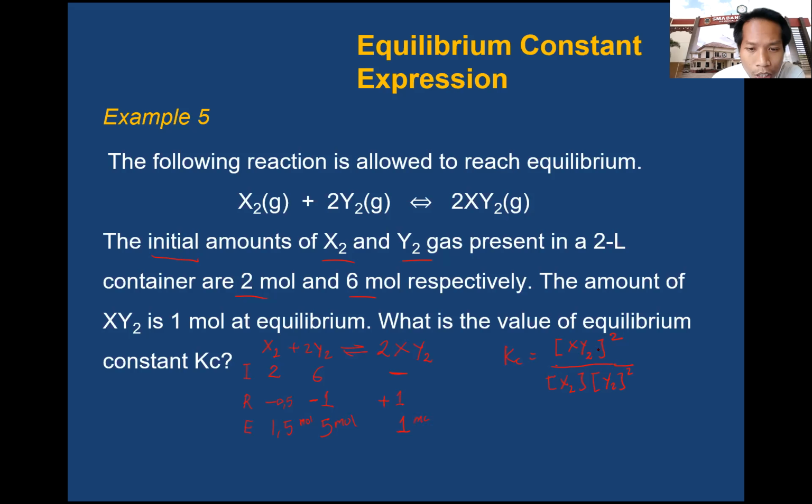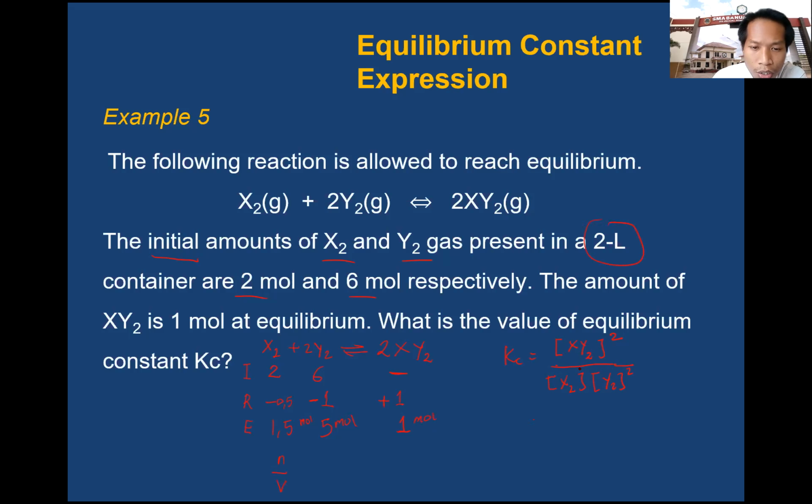But look, in the expression, it is in concentration. So you have to convert this mole into concentration. In terms of concentration, mole will be divided by volume, and the volume of the container is given as 2.